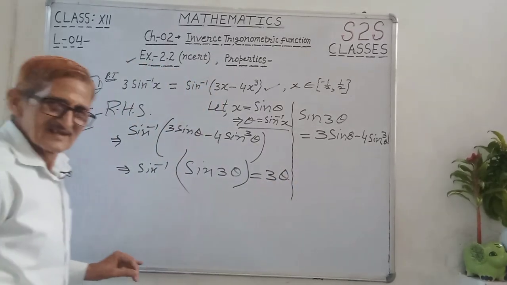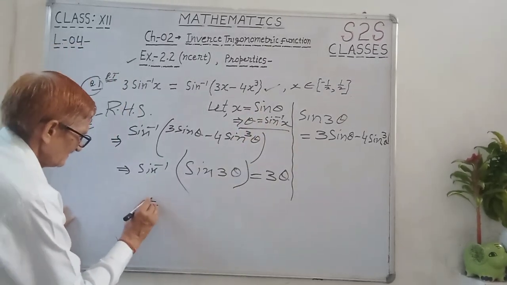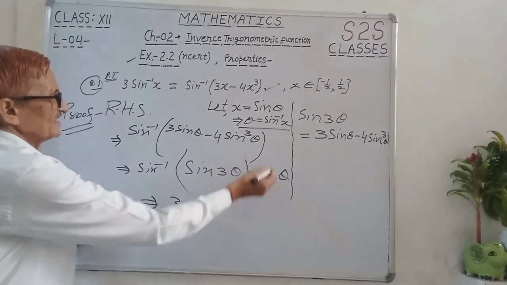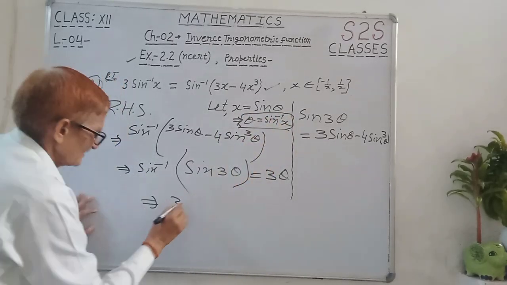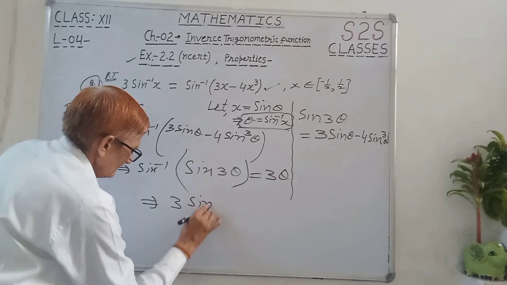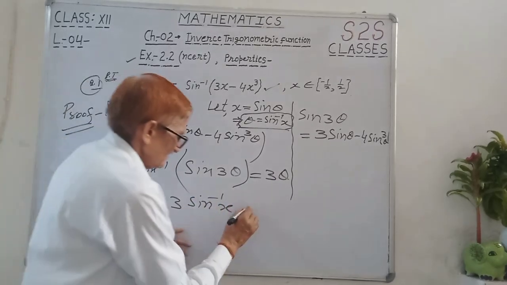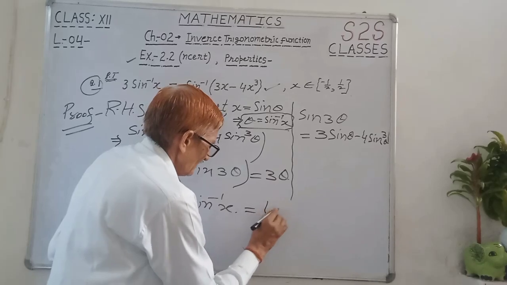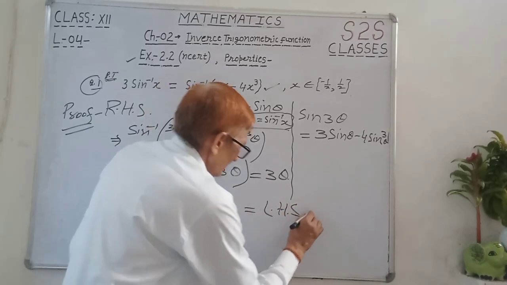Okay, clear? Now theta is sin inverse x, so replacing theta with the original, we get 3 sin inverse x, which is equal to the LHS, left hand side. Hence proved.